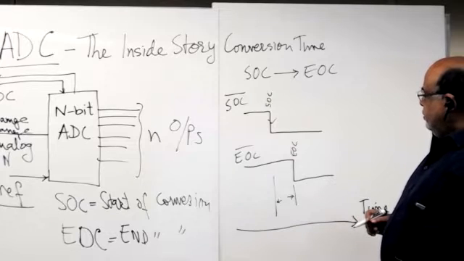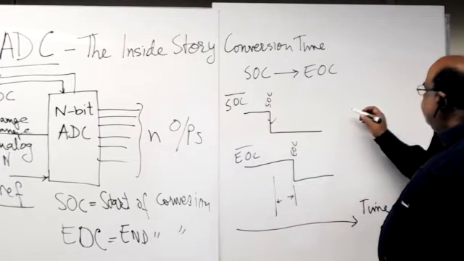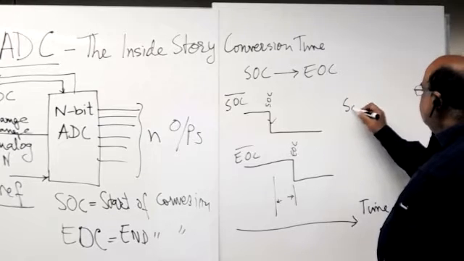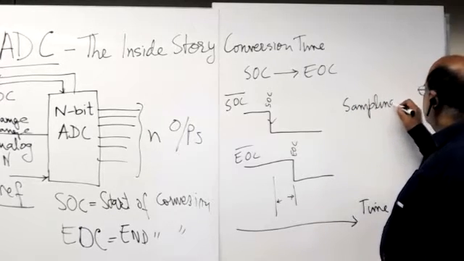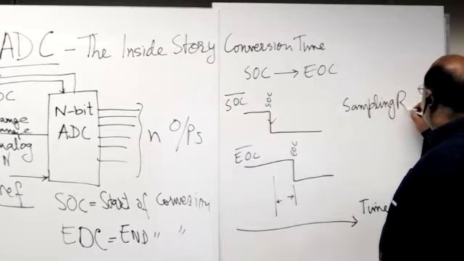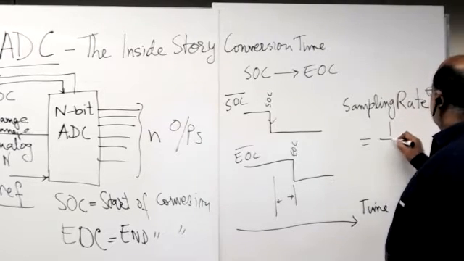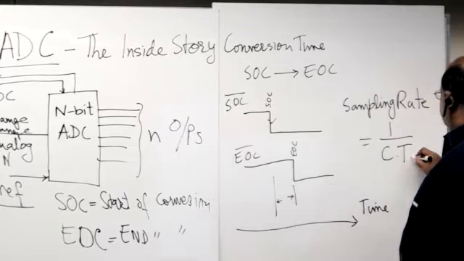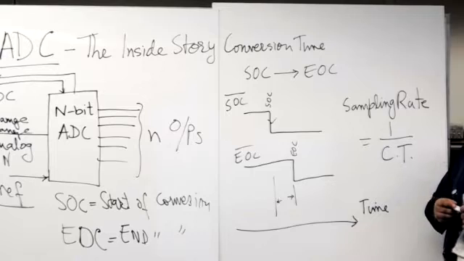And 1 over conversion time is called the sampling rate. So sampling rate is equal to 1 over conversion time.